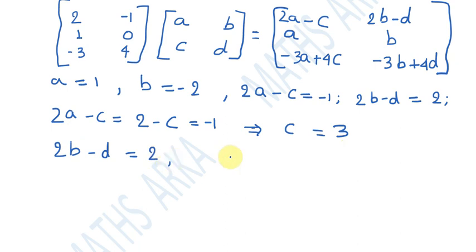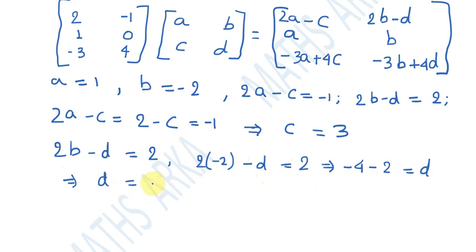Just substitute B is minus 2, 2 into minus 2 minus D is equal to 2. That means minus 4 over here, and then minus 2 from here is equal to D, implies D is equal to minus 6. So this is what we get.